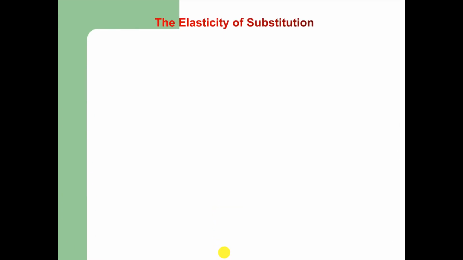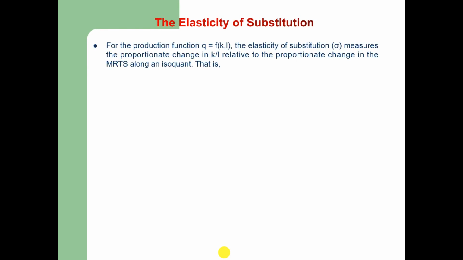After discussing marginal rate of technical substitution and marginal productivities of inputs, it's time to define and discuss the elasticity of substitution. For the production function Q equals f of K and L, the elasticity of substitution measures the proportionate change in the capital labor ratio relative to the proportionate change in the marginal rate of technical substitution between labor and capital along the isoquant.